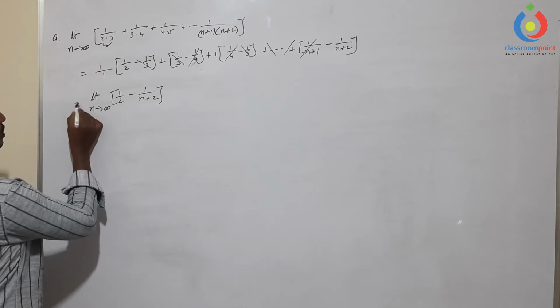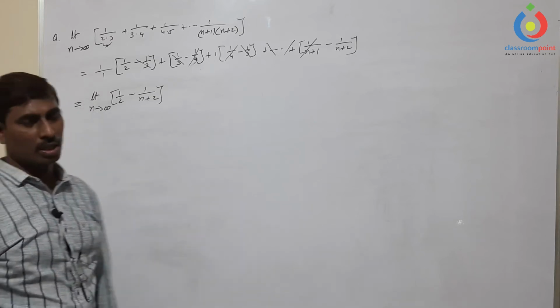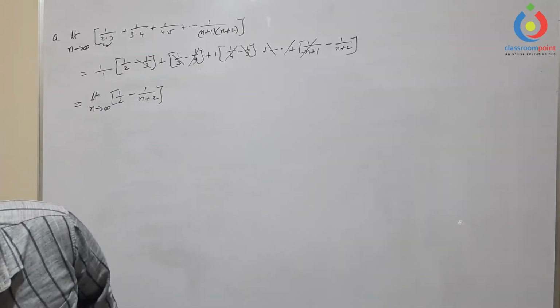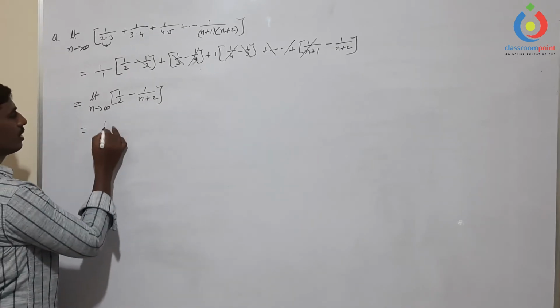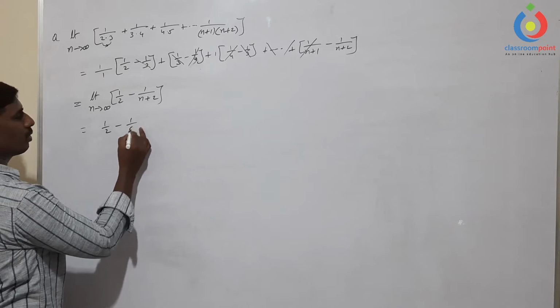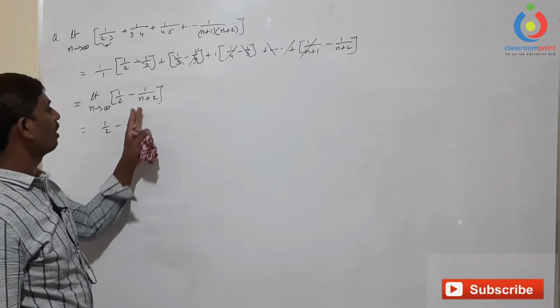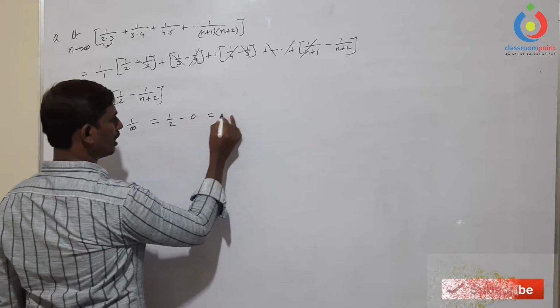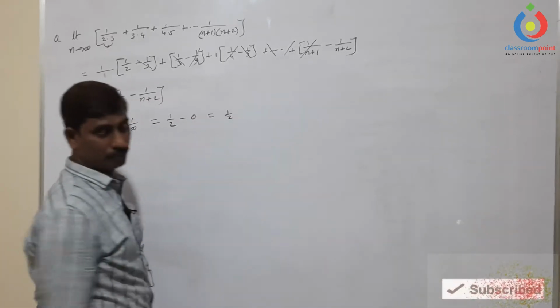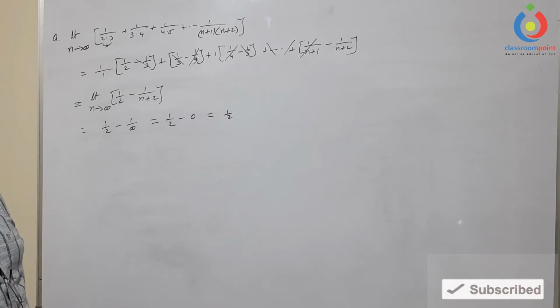How to simplify this one? In the place of n apply infinity. This is 1 by 2 minus 1 by infinity, and 1 by infinity is 0. So 1 by 2 minus 0 is equal to 1 by 2. This is a way of simplification.